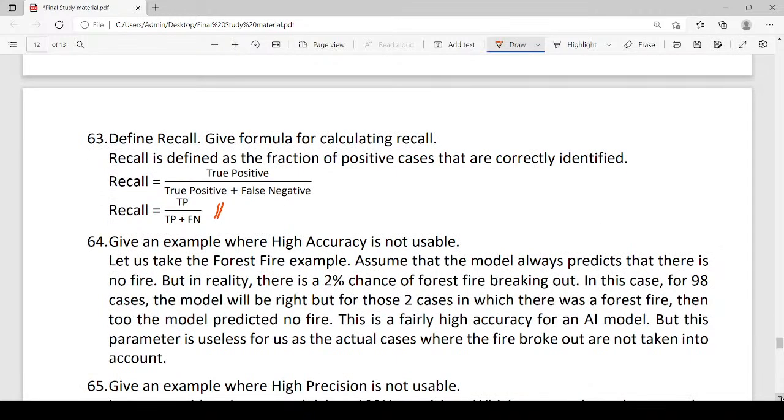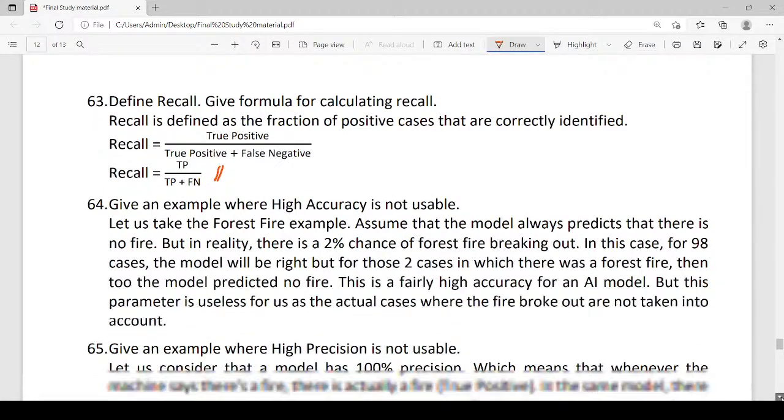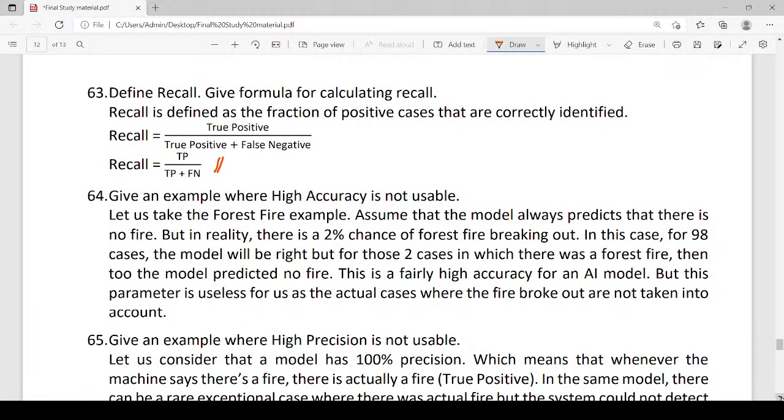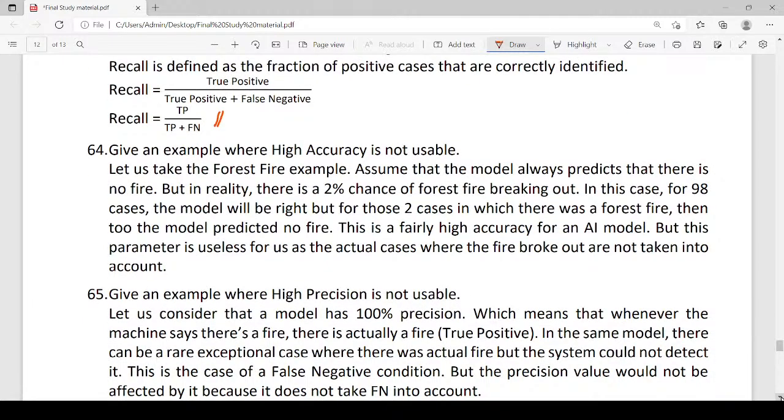Now the same way you may be asked an example where high precision is not usable. Let us again take the condition of forest fire. Let us imagine that the model has 100% precision. That means whenever the machine says there is a fire, there is actually a fire.